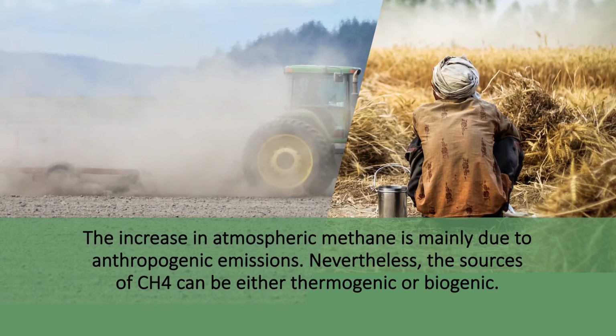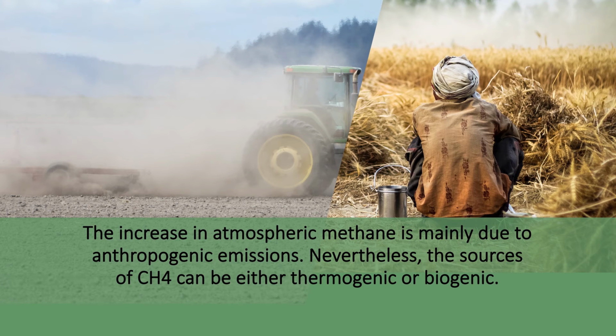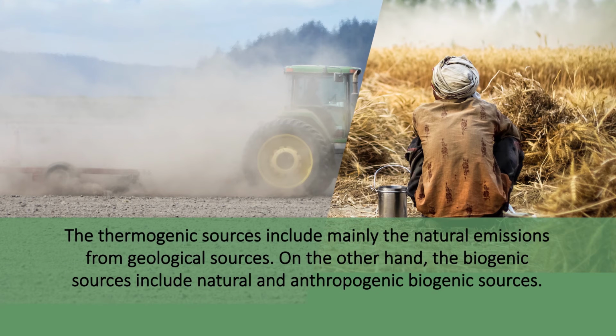So the global net carbon dioxide emissions due to land use changes over the last century amount to around 1.1 picogram of carbon. The increase in atmospheric methane is mainly due to anthropogenic emissions. Nevertheless, the source of methane can be either thermogenic or biogenic. The thermogenic sources include mainly natural emissions from geological sources.